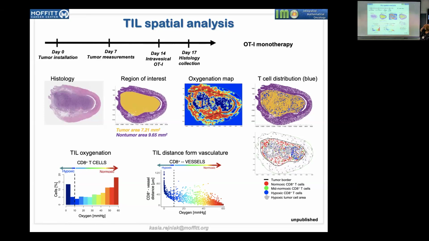This was the case of OT1 monotherapy. The tumors were grown, they measured them at day 7, then the OT1 were injected at day 14, and we wanted to see early after injection, so at day 17. Those are the data that we are showing.